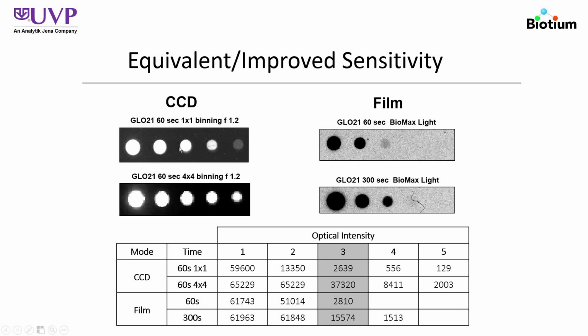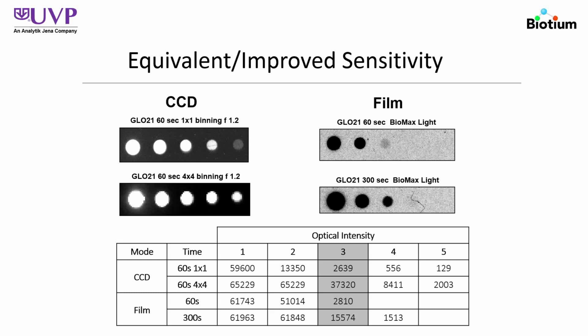Each one of these apertures contains a different neutral density filter, giving you a range from bright right here down to dim, with a little over 600-fold change. The gaseous tritium light sources are very, very stable, so you can use them over days and weeks and months and get very accurate data.